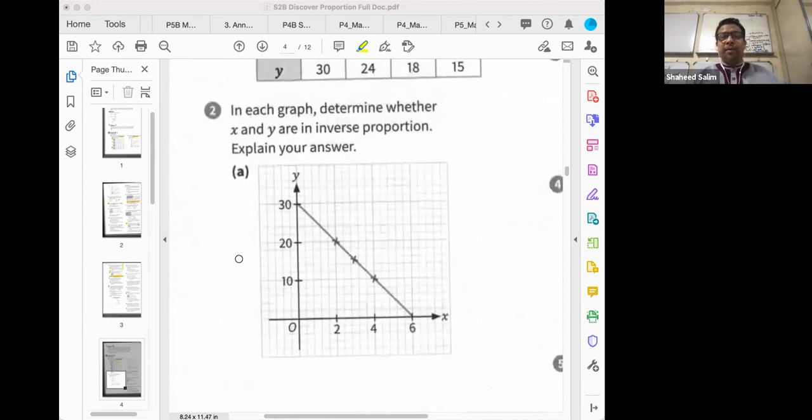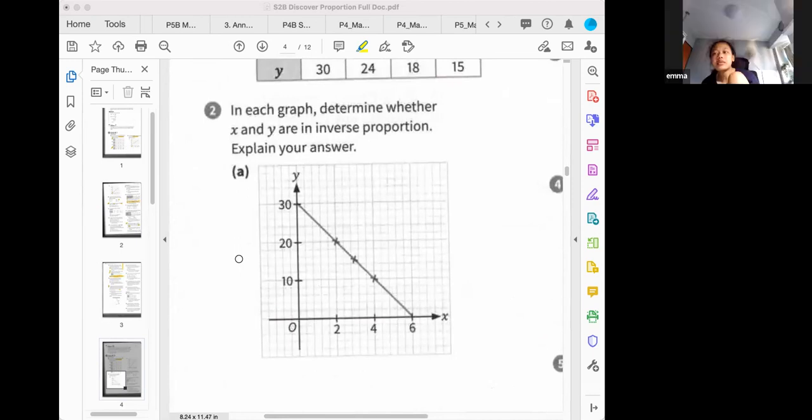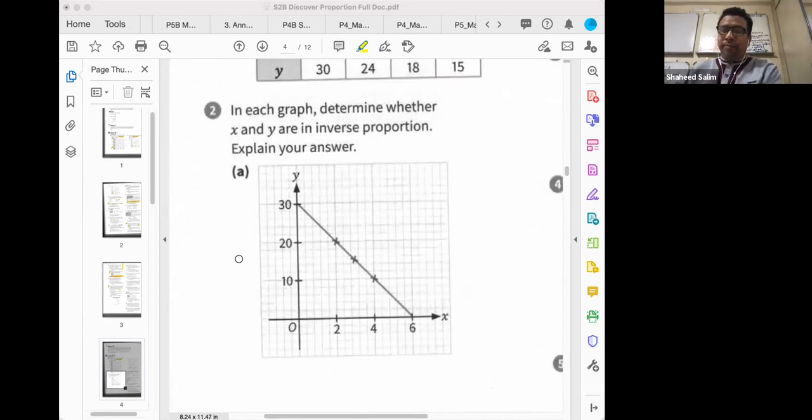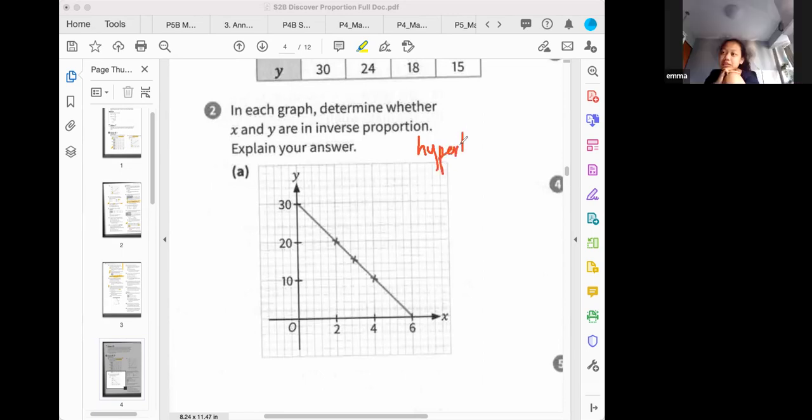Okay, now this one. Is it in inverse proportion? Do you remember? Hold on. Number 1, I thought it is a curve. Yes, so what's the name of that curve? Imagine you have hyperactive boys in your class. When it comes to soccer, remember this word, hyper-bola.